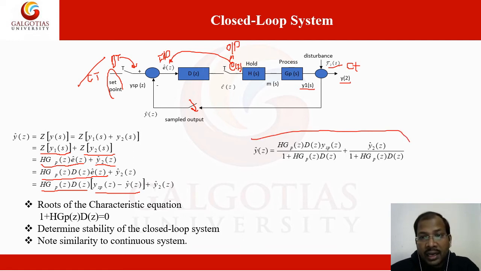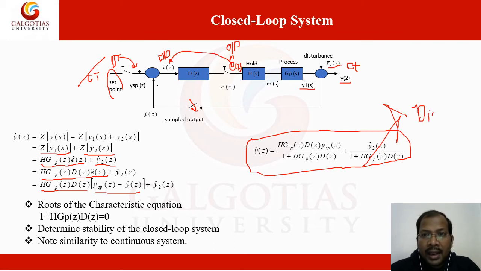This is the output of the whole plant, this term is due to the disturbance, and this one is due to the plant or process. In this way we get the overall transfer function of the system.